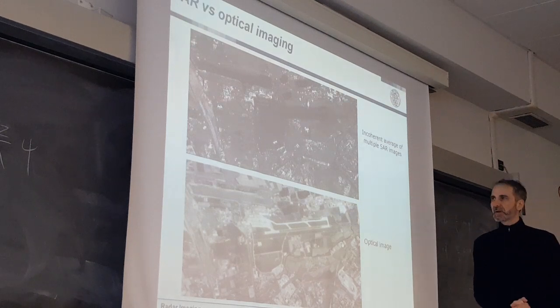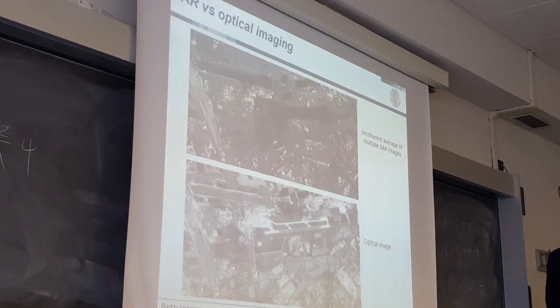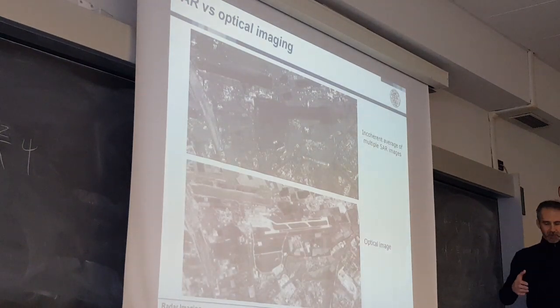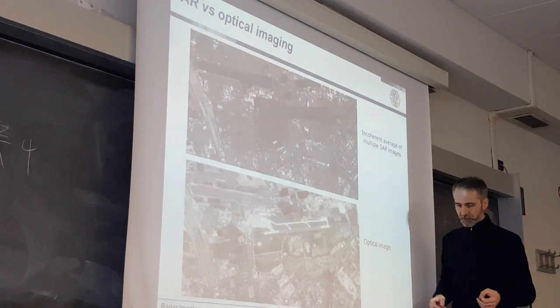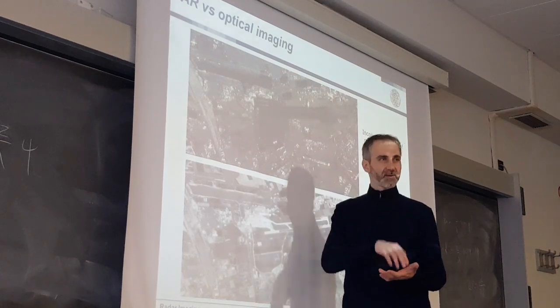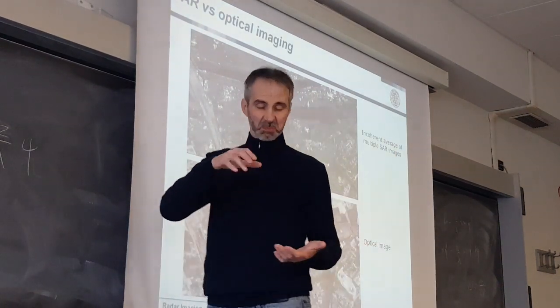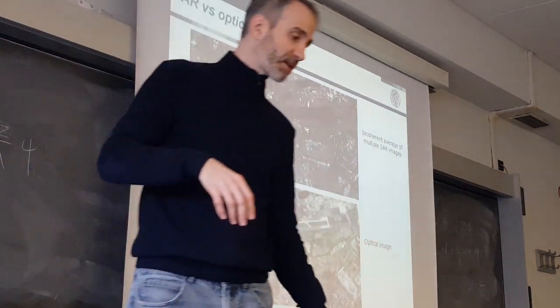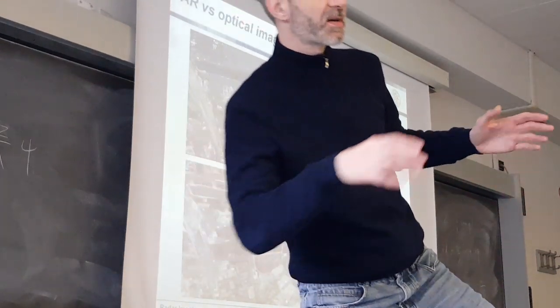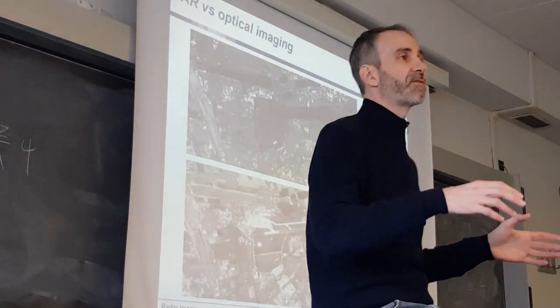So, I'll try to explain this quickly now, but this will actually be a topic for Thursday. Okay. So, the point is that you have this interference phenomenon. And this phenomenon will be different for every pixel. So, for every pixel, you can have either destructive or constructive interference.